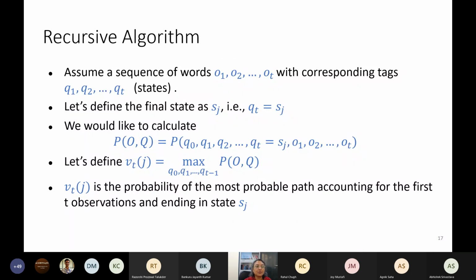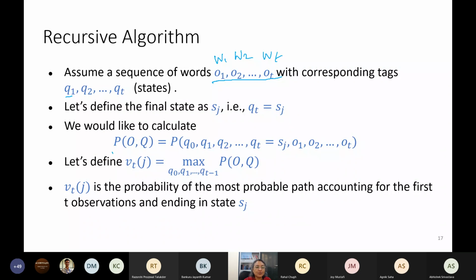Let me come to this formulation. Suppose we are given the sequence of observations. In this case, the observations are the different words W1, W2, up to WT. Q1, Q2, up to QT are the tag sequence of these words, and we have to find out what these are, so Q1, Q2, QT are variables.